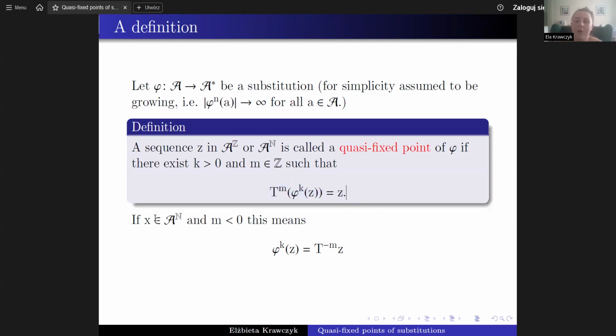And if my point is one-sided and m is smaller than 0, this means that I can find some prefix of length m such that z is equal to prefix times phi^k of z.